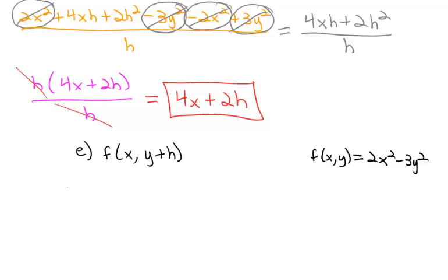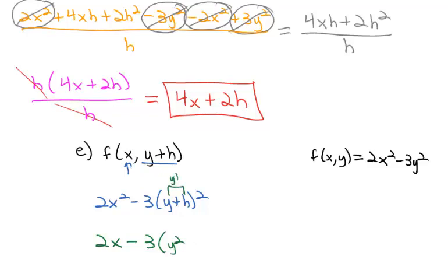So, x is just x. We're going to replace y with all of the y plus h. So this is going to give us 2x squared minus 3, and now we have y plus h squared. Squaring, we have 2x squared minus 3 times. Notice we do the exponent first before we multiply by the 3. y squared, multiply them together gives us yh, and that's plus 2 yh's plus h squared.